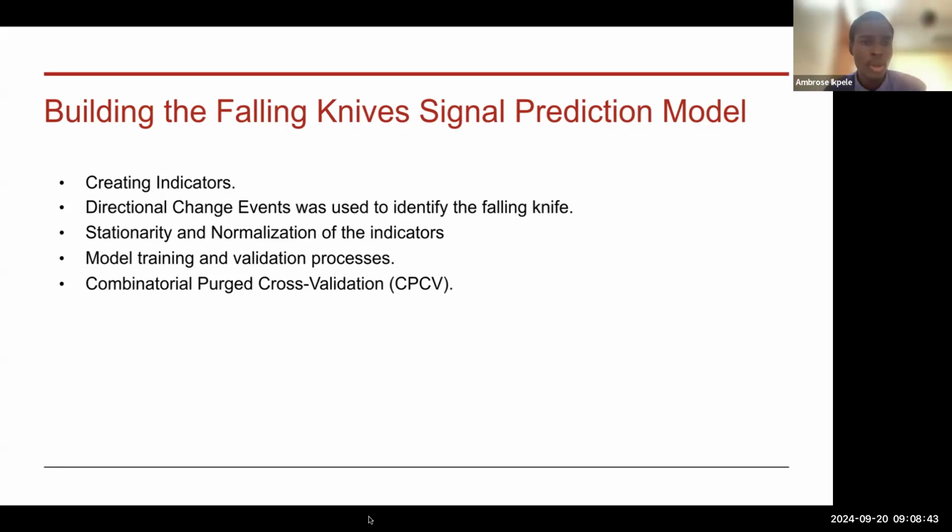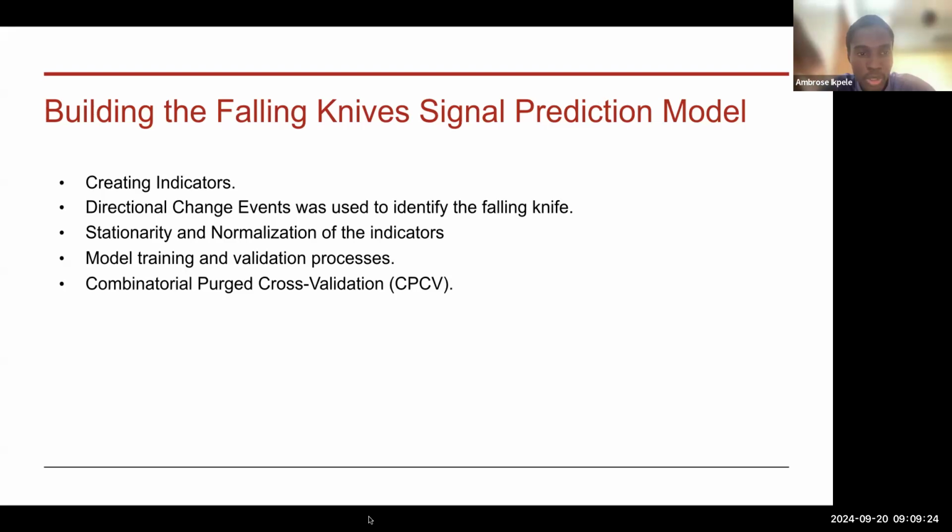Okay, thank you, Rutendo. This part of the slide talks about the process that goes into building the falling knife strategy. We are going to be looking at about two to three of the processes. The first part has to do with creating the indicators. Because we use a machine learning algorithm to predict the falling knife, we'll be using the indicators as the features. Since it is a machine learning process, we need to label the data.